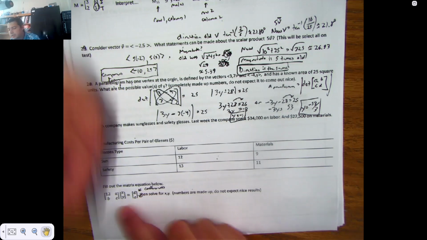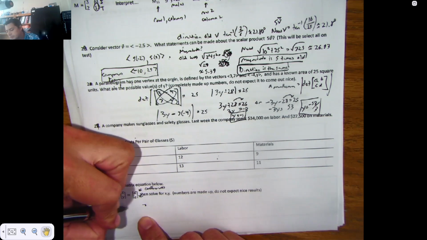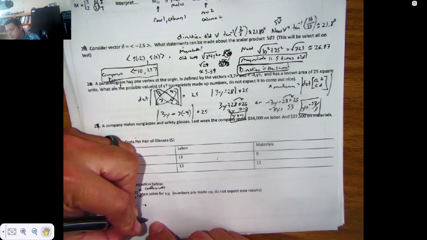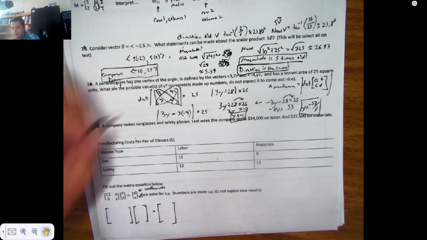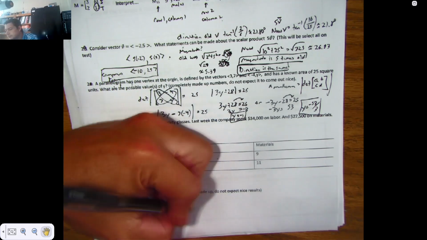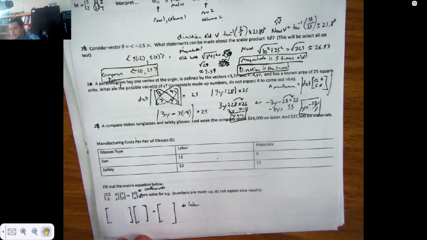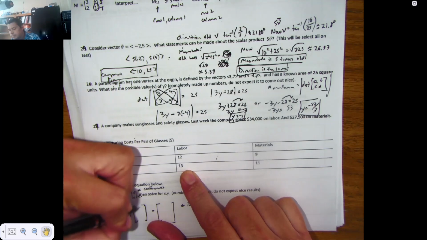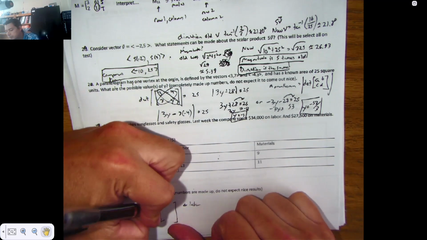And what we'll do is we'll think about the first matrix being about labor. So we have 12 in labor, 13 in labor, an x that I don't know yet, but I spent 34,000 on labor.